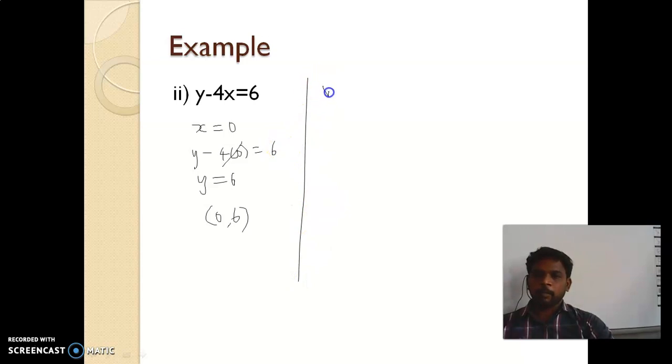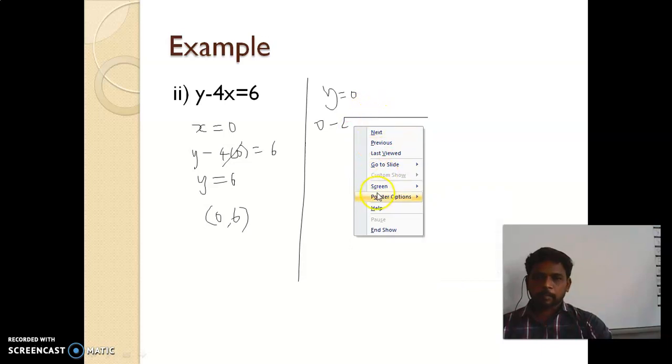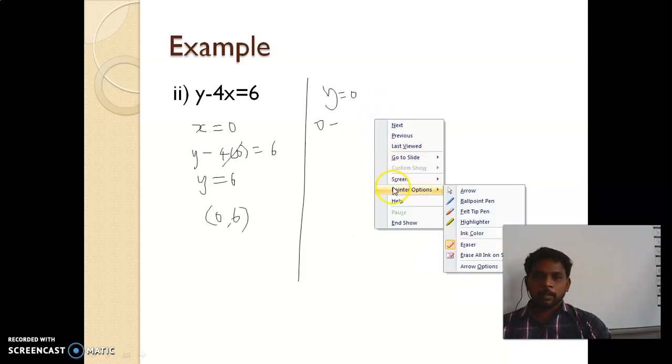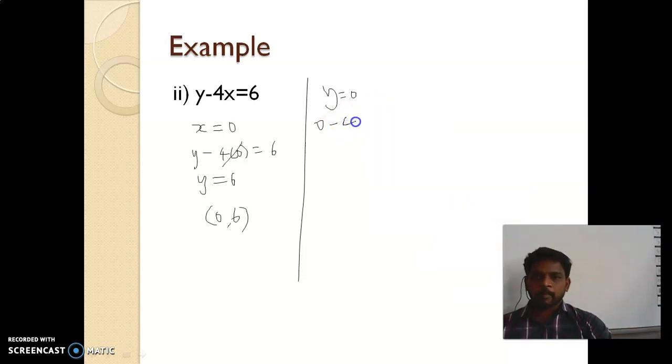And for the second point, I am going to take y equal to 0 here. So let y equal to 0, what will happen here? 0 minus 4x equal to 6. Here y is 0, so minus 4x equal to 6. Then what is x now? x equal to 6 divided by minus 4.